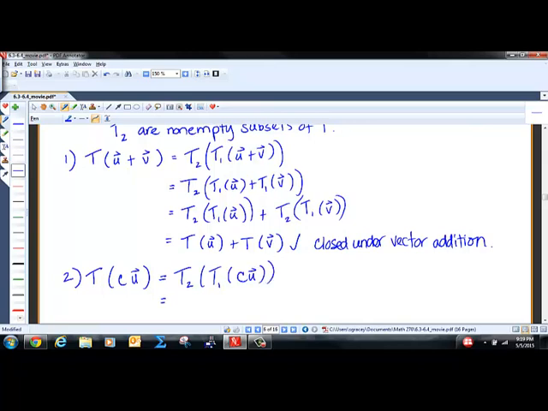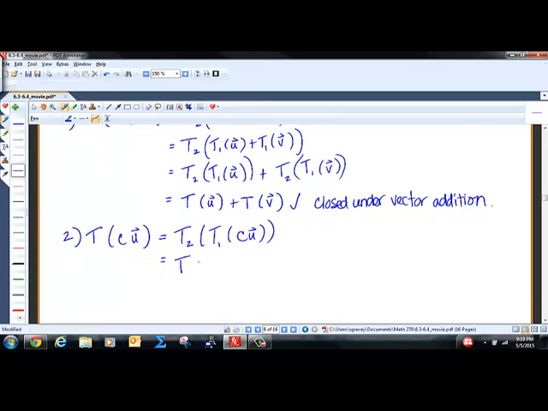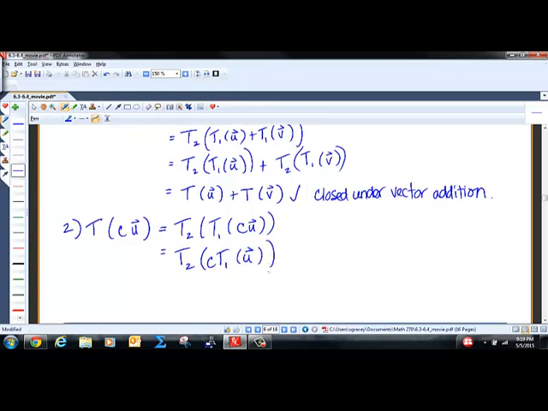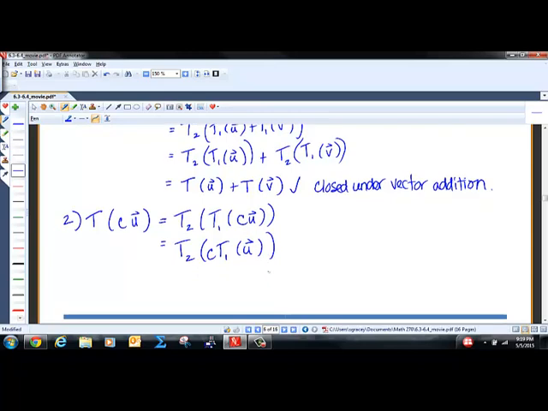And what is that equal to? Good, we can move the C out to in front of that T1. And we're close, right? Because we have to get it in terms of that composition. So we need the C to move out even further. So we'll have C times T2 evaluated at T1 at u. But what is this? Good, it's C times T at u. So it's closed under scalar multiplication.